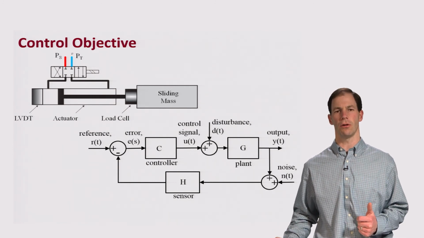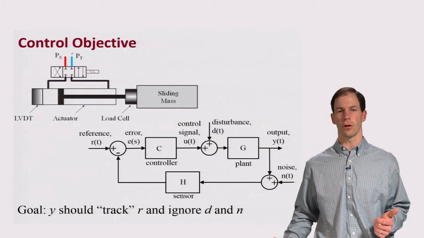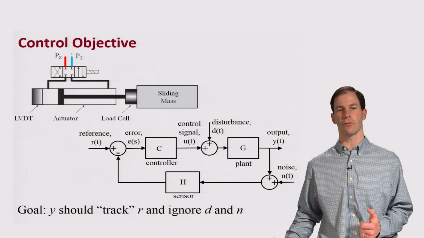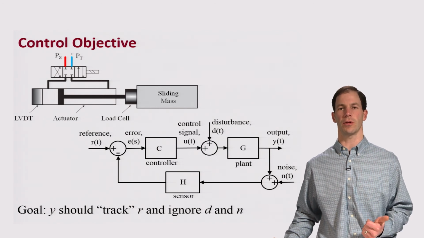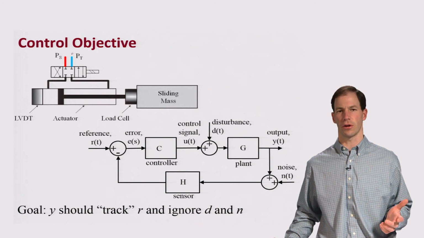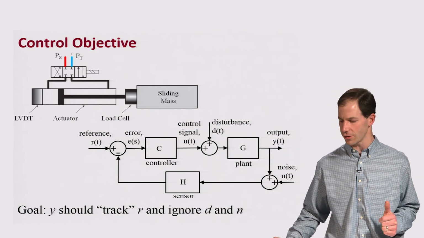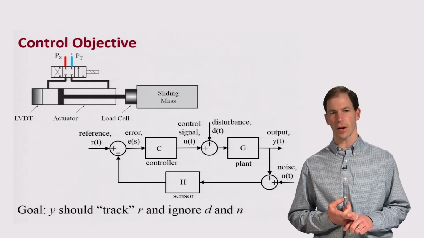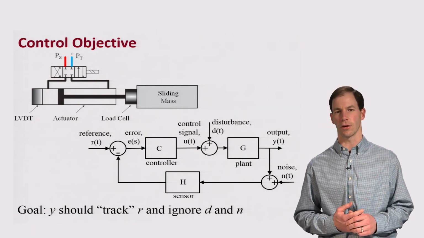So what is the goal of a controller? The goal of a controller is that the output Y should ideally track the reference and ignore both the disturbances and the noise in the system. Sounds pretty simple, but it's not quite as easy as it sounds. One thing I want to note is that the noise I was talking about is typically very high frequency.